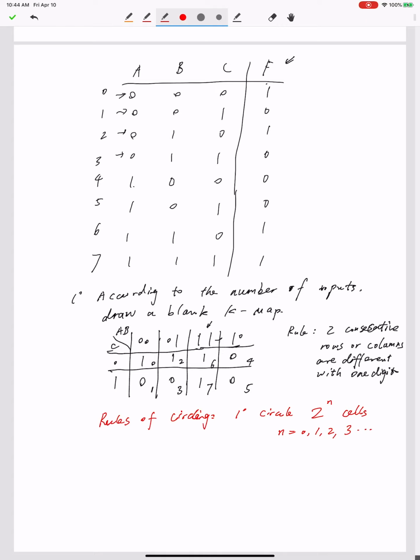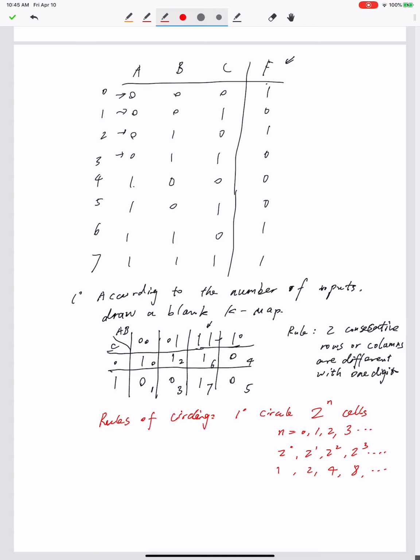That means you can only circle 2 to the power of 0 cells, 2 to the power of 1 cells, 2 to the power of 2 cells, 2 to the power of 3 cells, and so on. So the corresponding cell numbers are 1, 2, 4, 8, and so on, right?